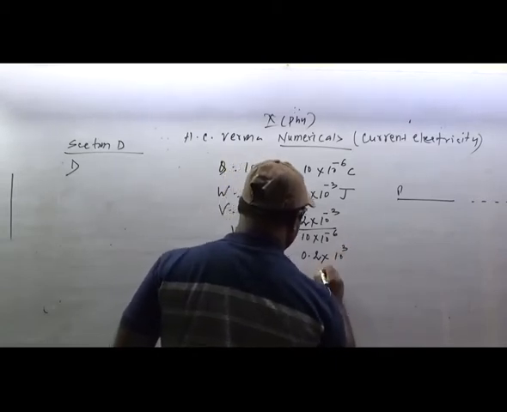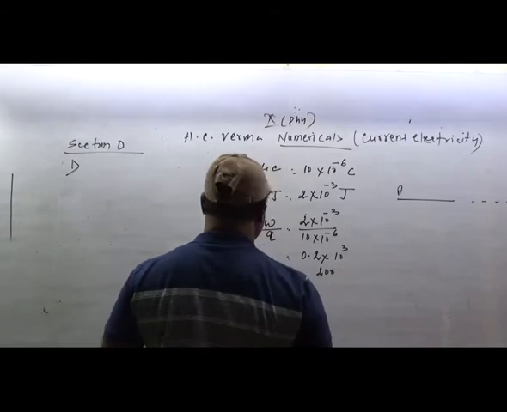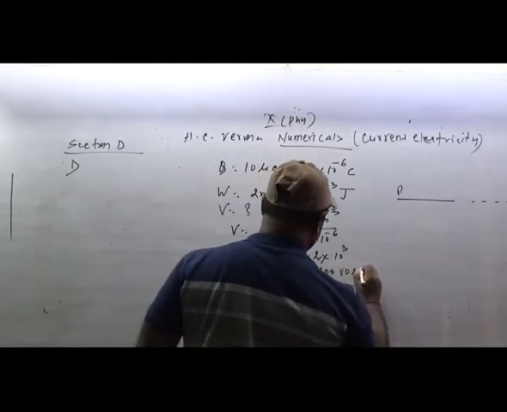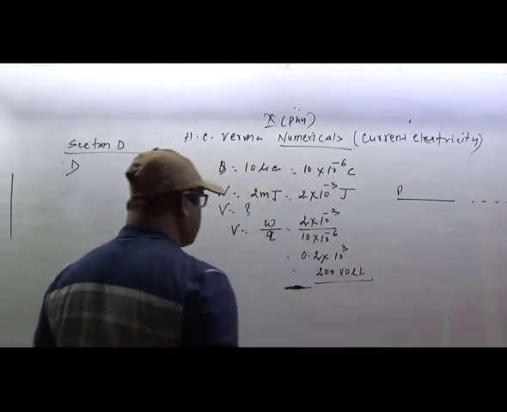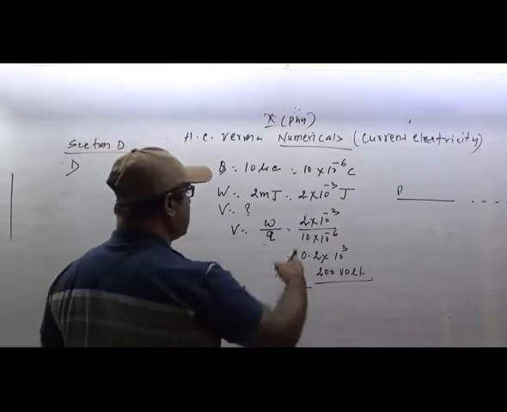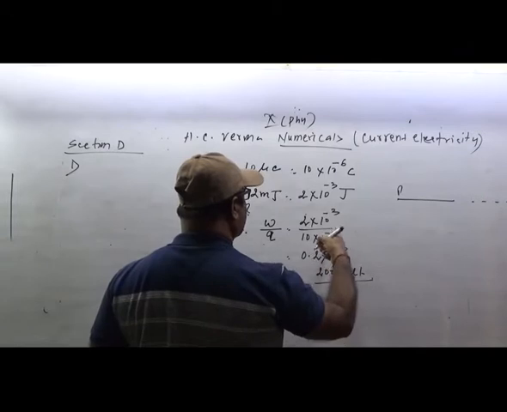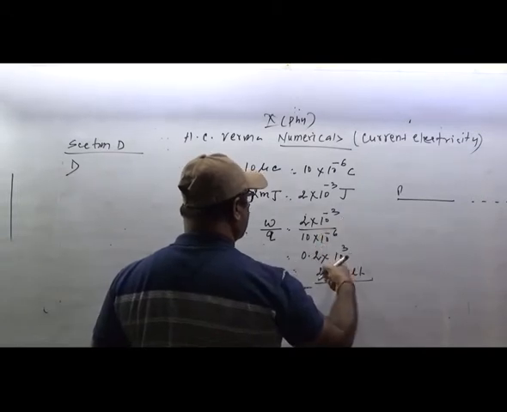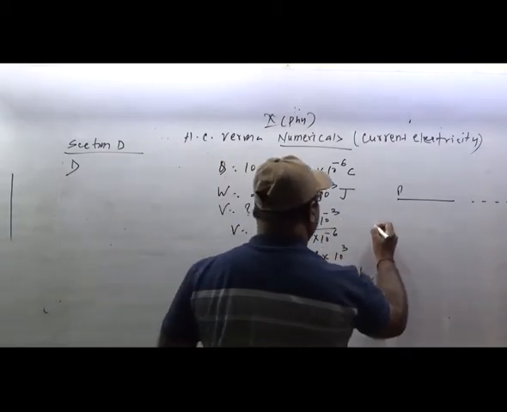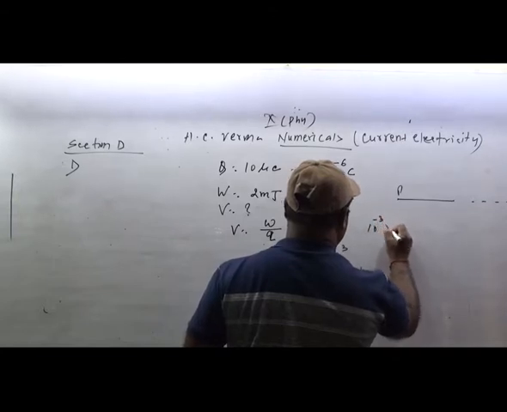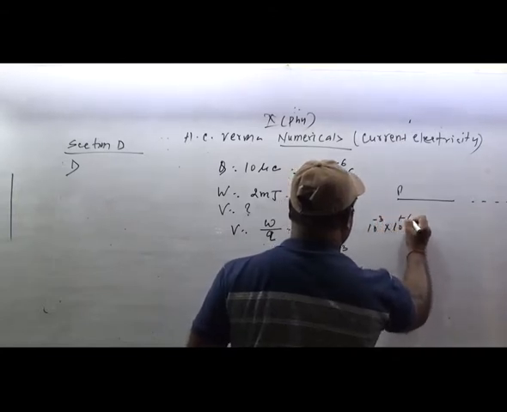So 200 volt. That's all. 2 by 10 is 0.2, and take the denominator up with plus 6; 6 minus 3 gives 10 to the power 3, like this: 10 to the power minus 3 into 10 to the power plus 6.